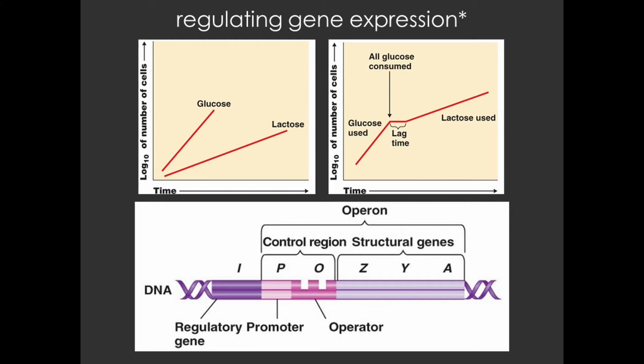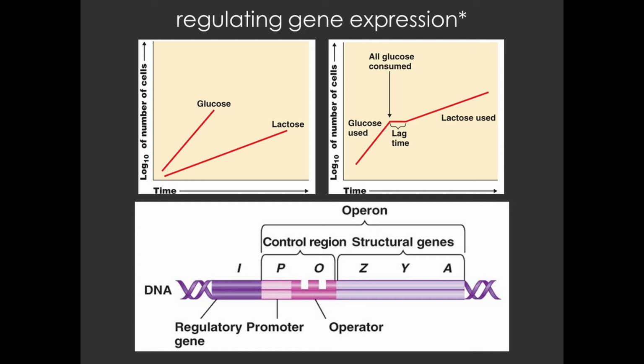Now, the reason for that is that glucose funnels straight into the glycolytic pathways for ATP generation, while lactose, as a disaccharide, has to be broken down in order to be moved into glycolysis. So cells will choose to use glucose as long as glucose is present. That doesn't explain for us that lag time.